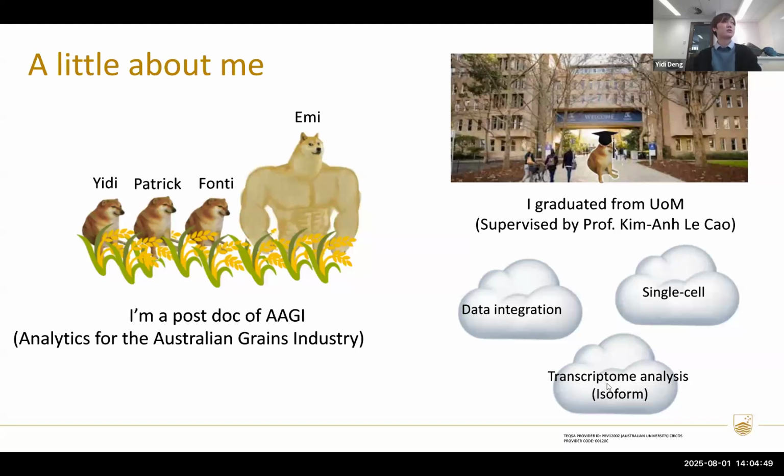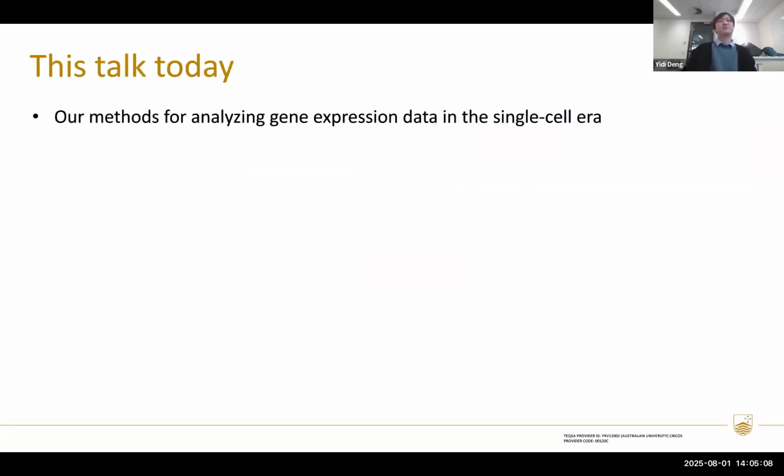And before my PhD, I also did some transcriptomic analysis, which mainly focused on analyzing the structure of the transcripts, like finding alternative splicing and isoform transcripts. Today, we're going to talk about the methods that we have developed for analyzing single cell expression data.